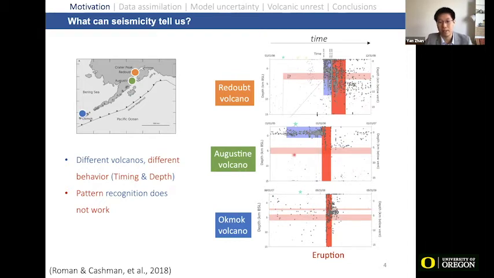However, for Augustine, the precursory earthquakes almost start a year before the eruption. And also for volcanoes with precursory deformation earthquakes, the depth distribution is also different. So different volcanoes have very different behavior. We cannot just use a simple pattern recognition to do the forecast.